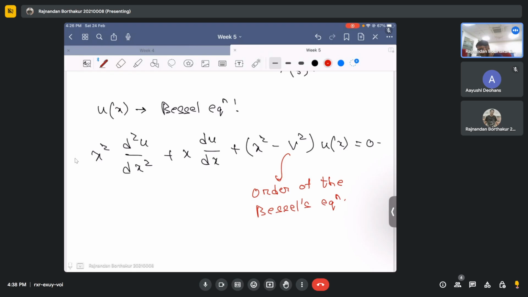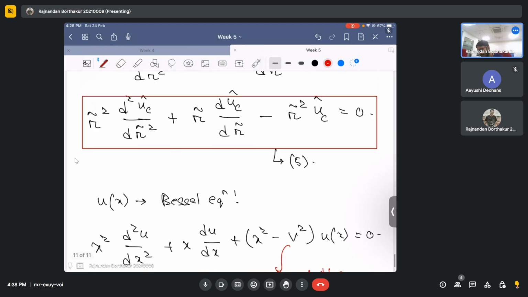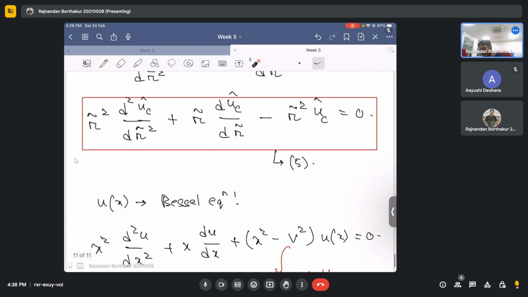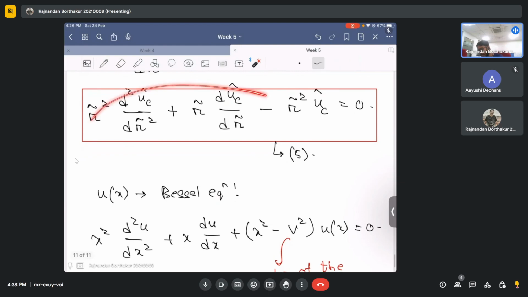But there is one catch. If I now compare this and this, I get two insights. First of all, this nu is 0, as you can see, but there is a minus sign here. There is also something known as the modified Bessel equation, and it is basically this: if there is a minus sign, it is known as the modified Bessel equation.